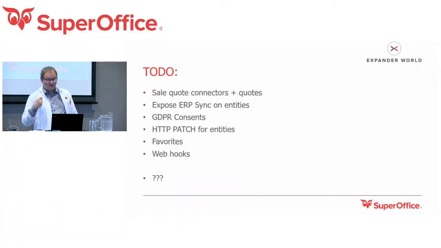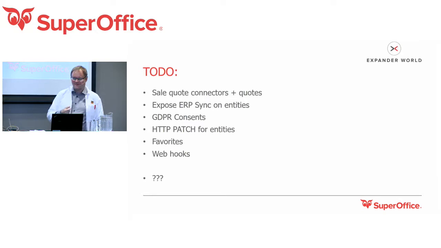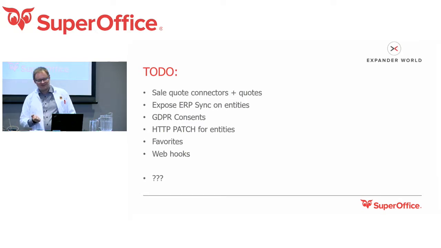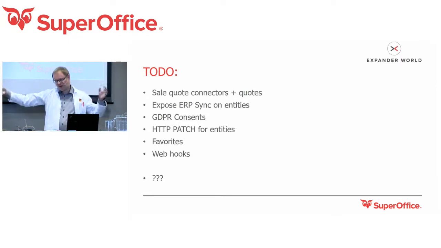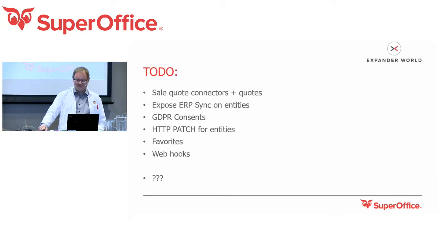To-dos. I'm sure we have some lovely things to do. Quotes. Quotes are still not in there. Those are trickier than one would think. We end up with very long and ugly URLs, so suggestions are welcome on how to do quotes properly. ERP sync is still not included.